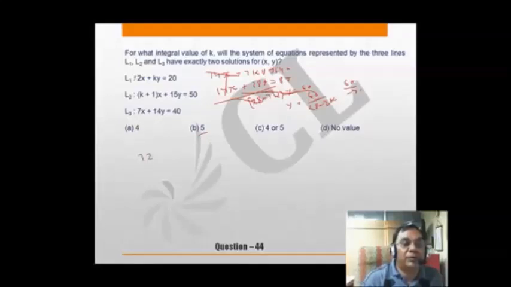Let's put it 7x plus 60 upon minus 7 minus 2. Minus 120 is equal to 40. So that means x is equal to 160 by 7.